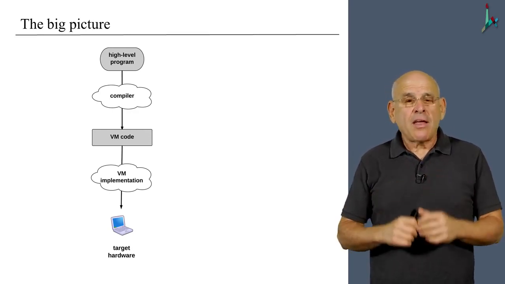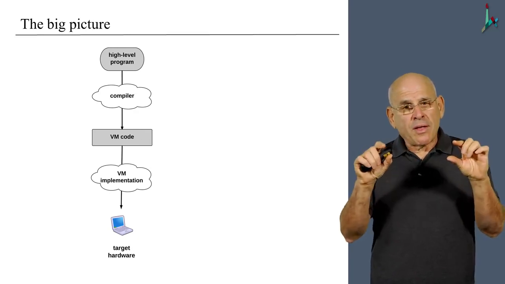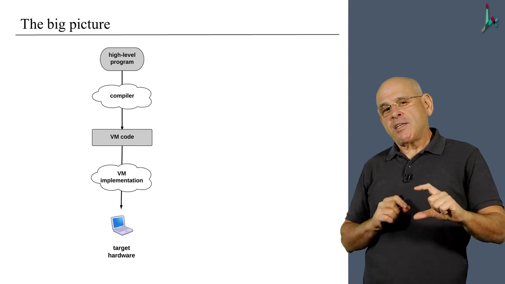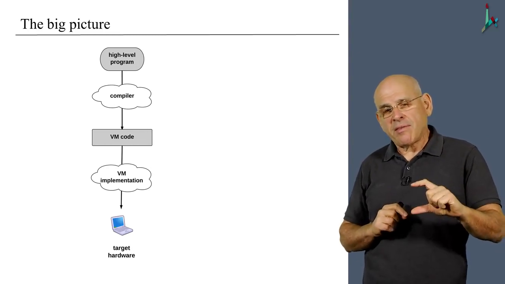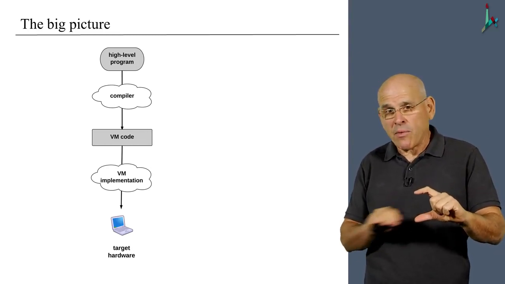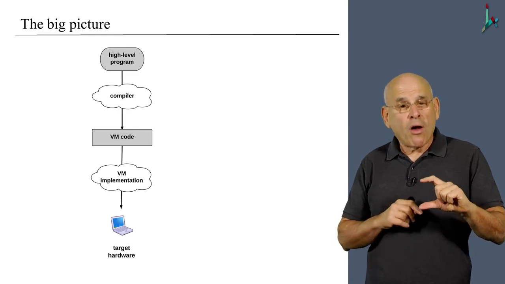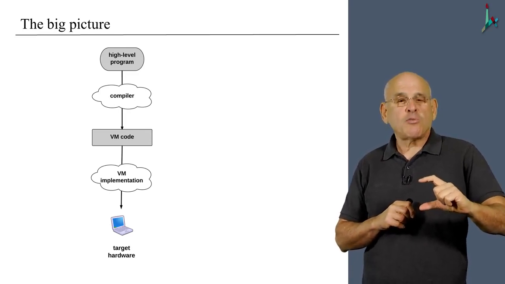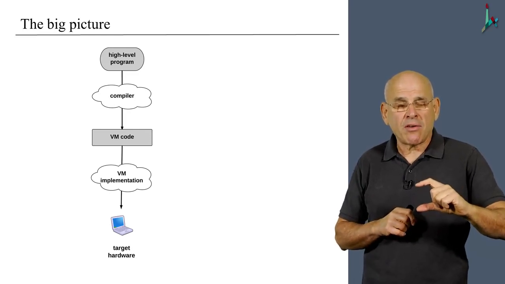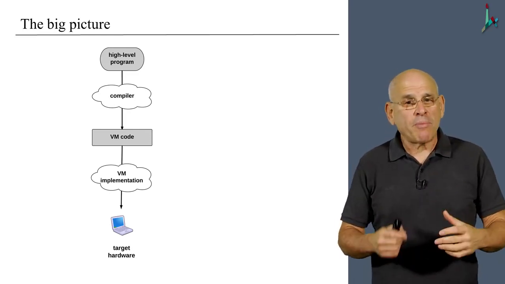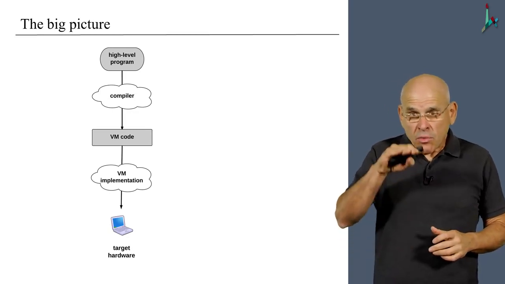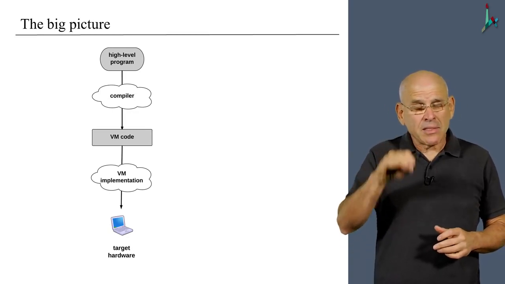On the other hand, we want the VM code and the VM language to be sufficiently low so that the distance that we have to cover between it and the final target language, the low-level language, will also be manageable and conveniently small, so that the VM translator or the VM implementation will also be a relatively simple and elegant program. So, we have to find the right balance.